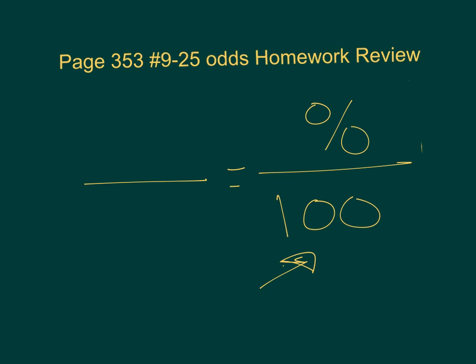That is my whole amount. So on this side, we match that up. The whole is 100%. That means that the part is my percent that is going to be out of that 100. Part over whole equals percent over 100.